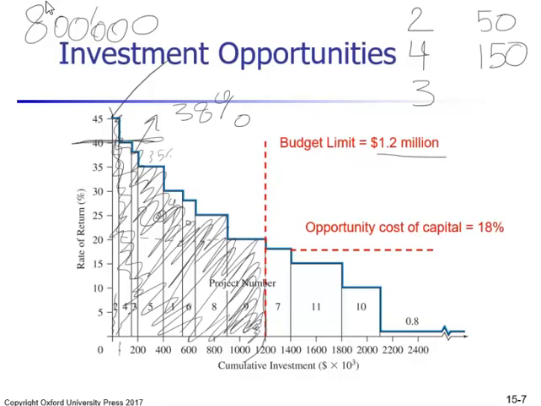So if somebody asks you what is the opportunity cost of capital here in this case, you are going for the next best case that you didn't invest on. It is project 7. What is the return of project 7? It is 18%. And that's it.